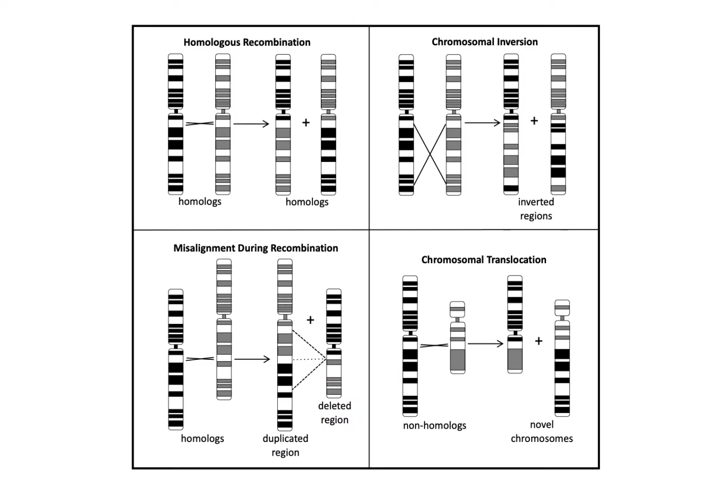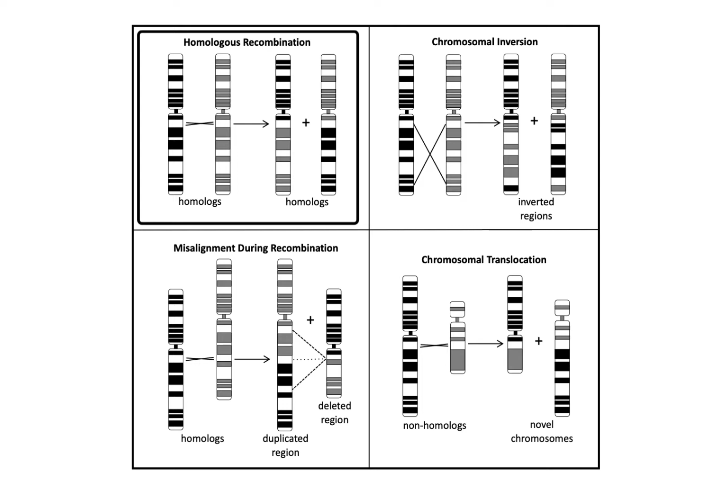So crossovers can create quite a few differences among the chromosomes, and many of them can cause cancers and other diseases as well. So you can get crossovers between homologs, either during mitosis or meiosis. For cancer, of course, it would be during mitosis.